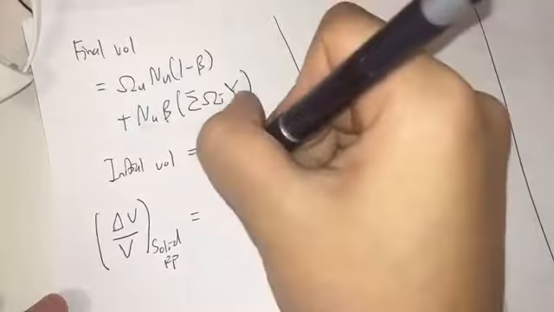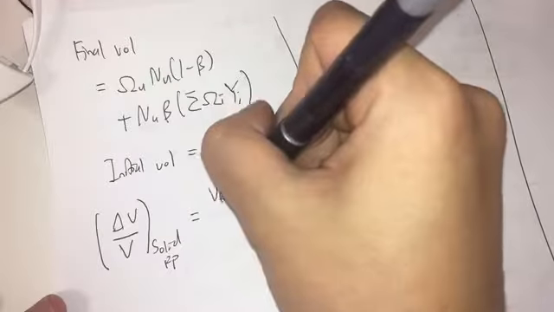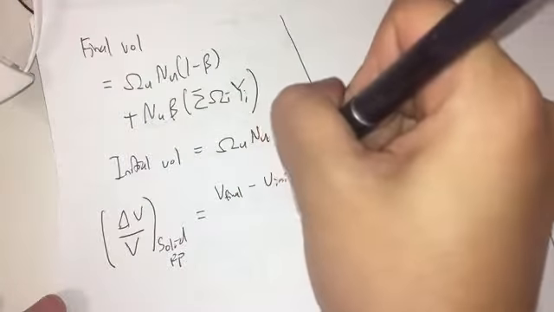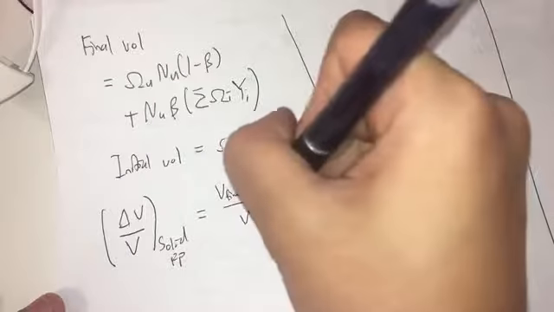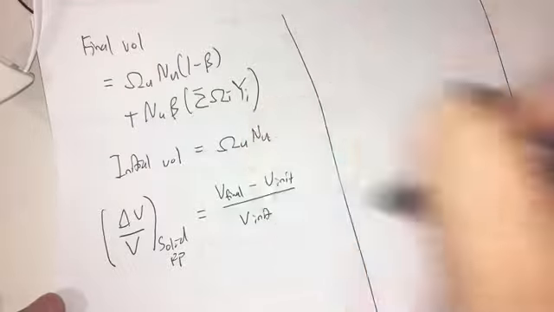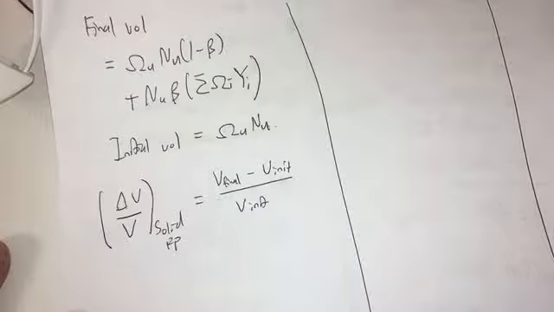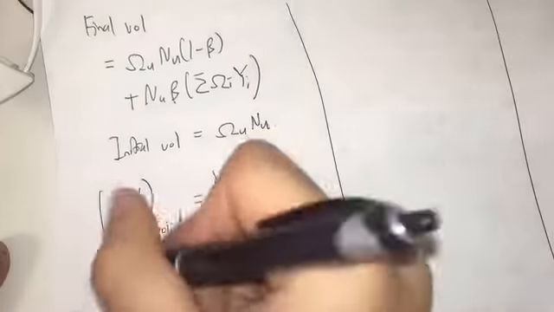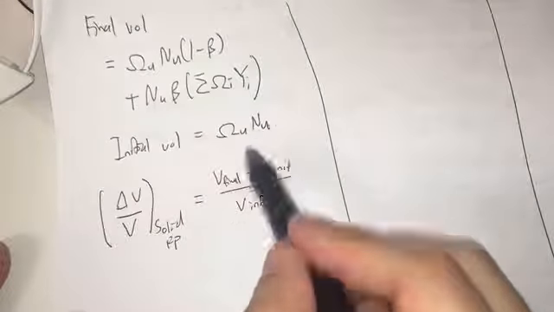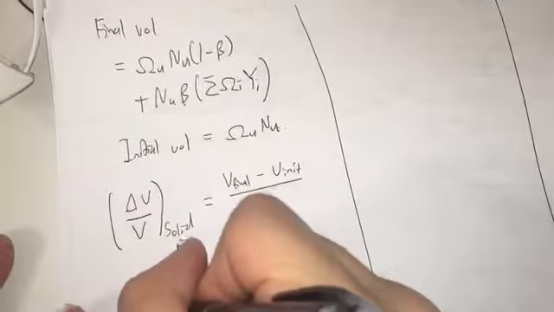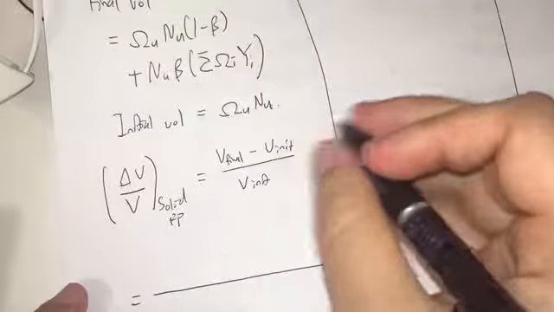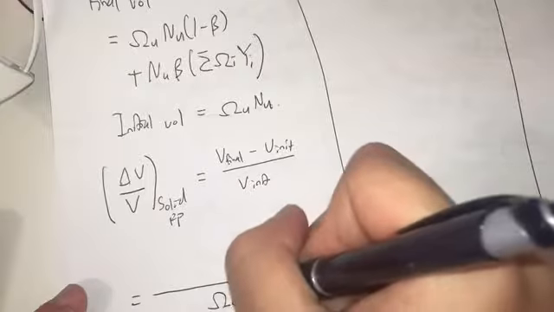So we have V final minus V initial over V initial. So what is the V final? It's over here. This is the V initial. So what we want to do is just substitute in omega u and u.